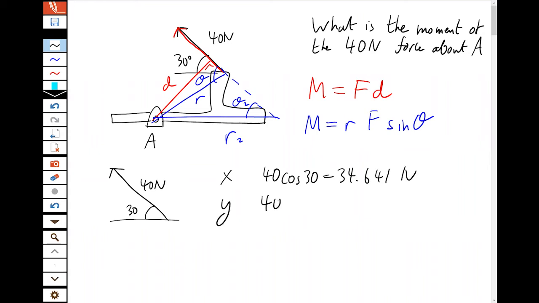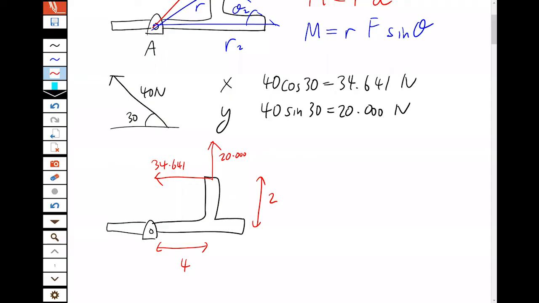And in y, we have 40 times sine 30, which is 20 newtons, to the same degree of precision. So then we draw that. Bing! There it is, the magic of technology. But I wanted to show, remember to draw your own axes so you remember which way is positive and negative.